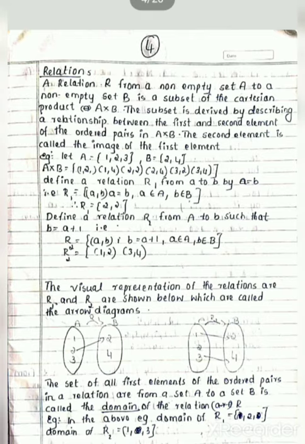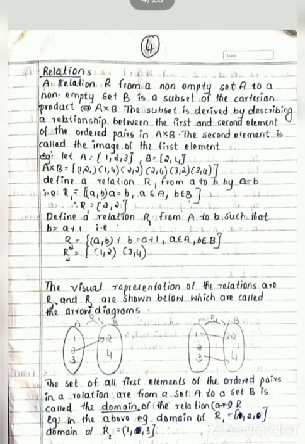What is the domain of R1 here? Domain of R1 is the element 2, only 2, because only 2 is related to another 2 in the set B. Other elements are not related to any of the elements, so they are not members of the domain. So the domain of the relation here is {2}.